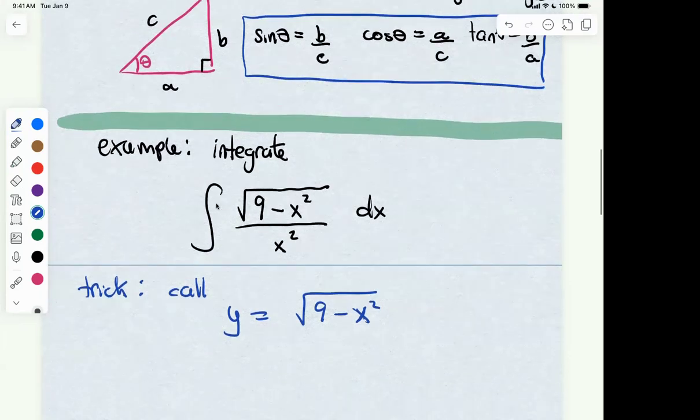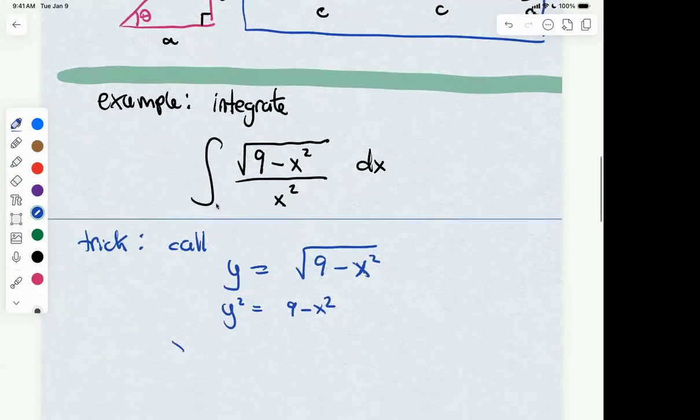If you call that y, then what happens? I can square both sides of that equation, right? And I get y squared equals 9 minus x squared. Then if I add x squared to both sides, I get x squared plus y squared equals 9.